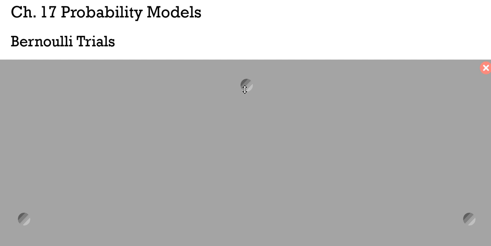But first we want to get the basics down, and the first thing is some new vocab, and it's really not dramatically different. It's really putting a name to what we've been doing for a lot of these probability problems, and that is what are called Bernoulli trials. Basically, when we're talking about Bernoulli trials, we're talking about any trials that meet the following conditions.